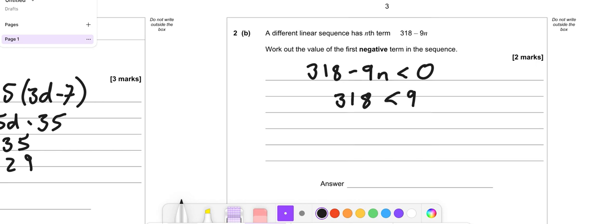It's less than 9n. n has got to be bigger than 318 divided by 9, 35.3 recurring. So the first value is the 36th value because it's got to be a whole number.